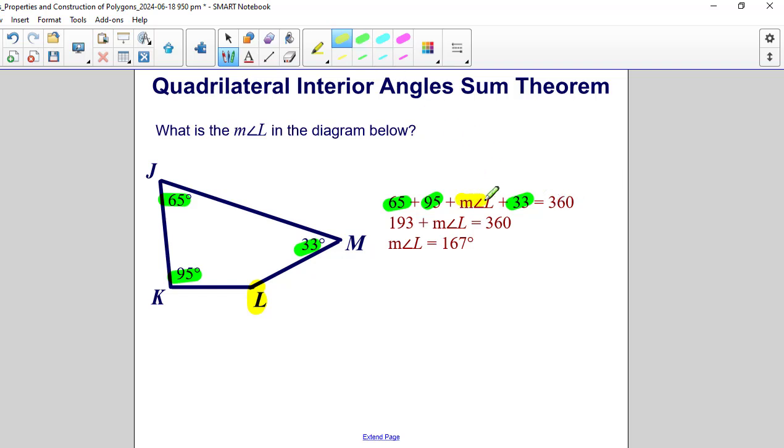Here's angle L, and they have to total 360. If I combine 65, 95, and 33, that's equal to 193, plus the measure of angle L is going to equal 360 degrees. Subtracting 193 from both sides, we find out that the measure of angle L is 167 degrees.